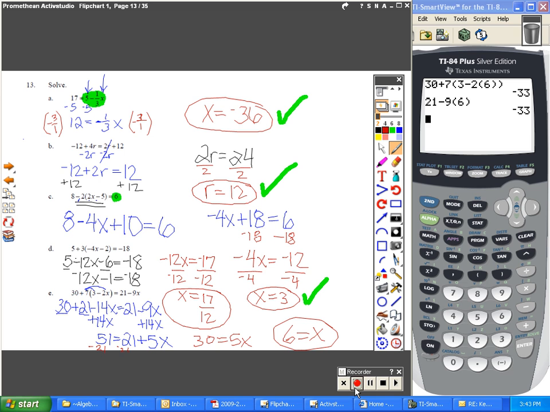Okay, so I just took a second to type all that in myself. I typed in the left-hand side of the equation and got negative 33. Then I typed in the right-hand side of the equation and got negative 33, which means x is equal to 6.